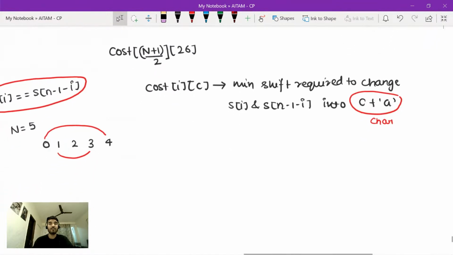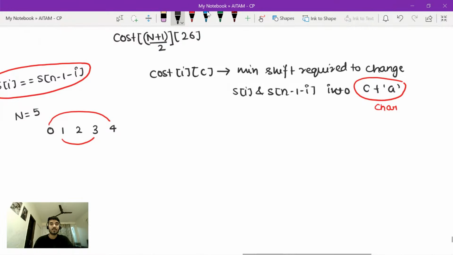So in this way I will fill this cost matrix. And I also know the first condition that I need to satisfy is the condition of palindrome, that the string must be a palindrome, and the second one is lexicographically smallest.